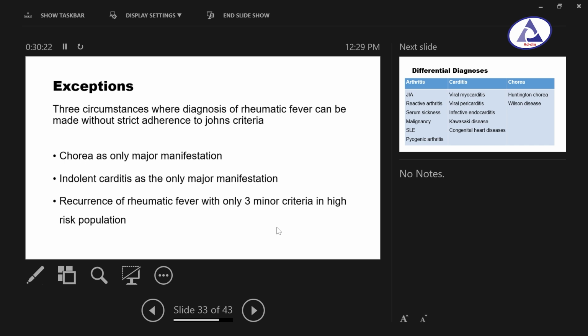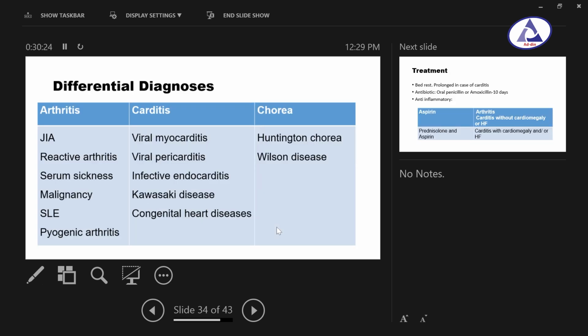And what will be the differential diagnosis in case of arthritis, in case of carditis, in case of chorea? In the differential diagnosis, if the child presents with only joint involvement, then the differential diagnosis may be JIA, reactive arthritis, serum sickness, malignancy, systemic lupus erythematosus, Henoch-Schonlein arthritis. JIA is chronic juvenile idiopathic arthritis.